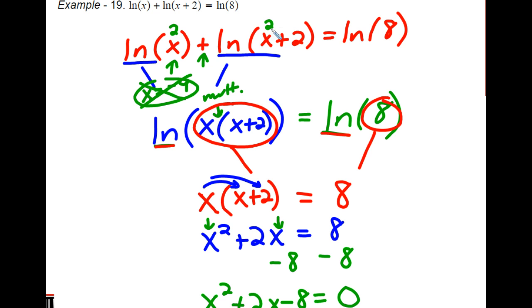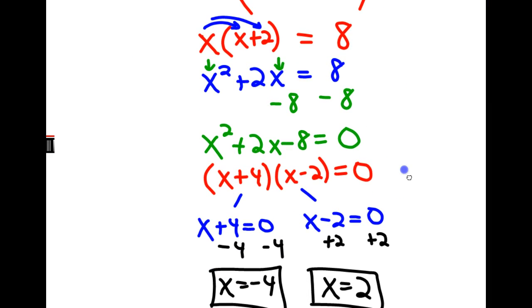So you could actually calculate the decimal for that on the left-hand side, and check to make sure it equals the same thing as natural log of 8 by plugging that into your calculator as well. And you'll see that 2 works, but negative 4 does not. So we have to throw out negative 4, but 2 is our solution in this case.